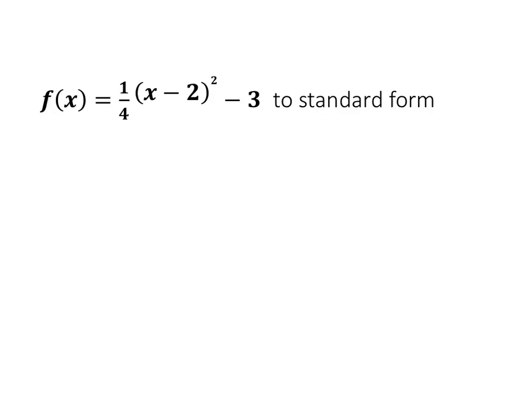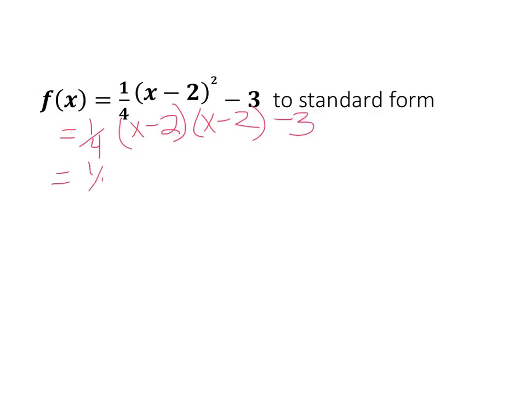So we have our function here in vertex form, and we want to get it to standard form. So the first thing we need to do is expand it, and order of operations says we need to deal with our brackets and exponents. So we've got 1/4 times x minus 2 times x minus 2, and subtract our 3.